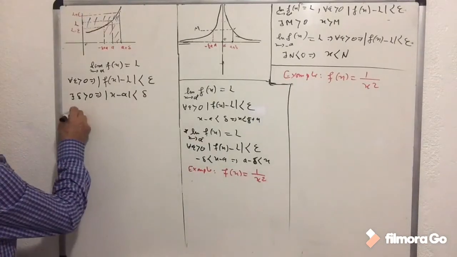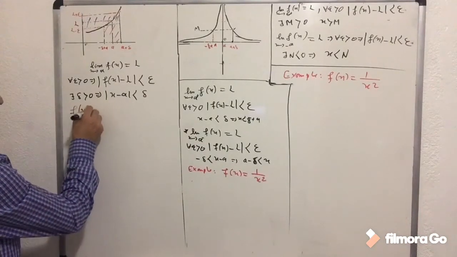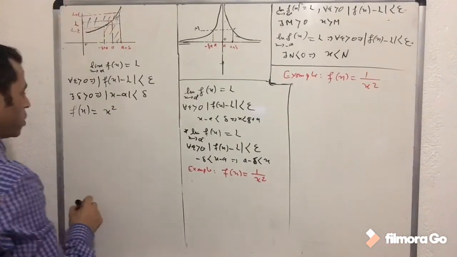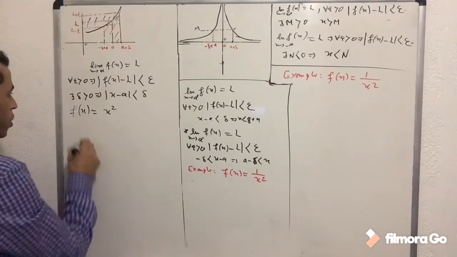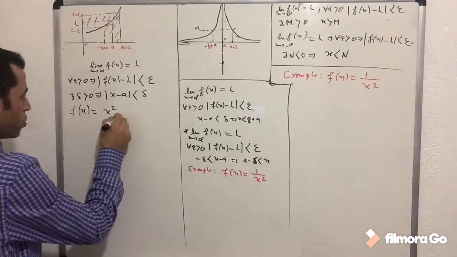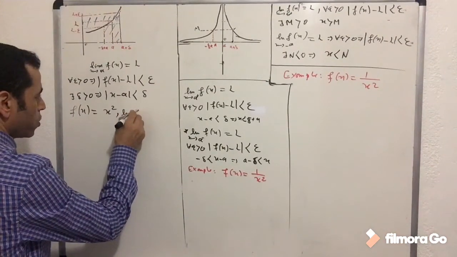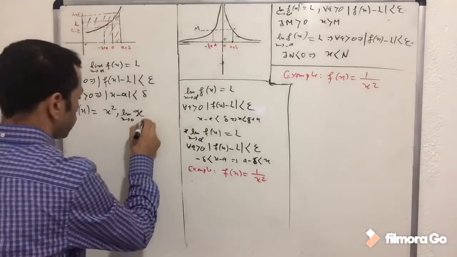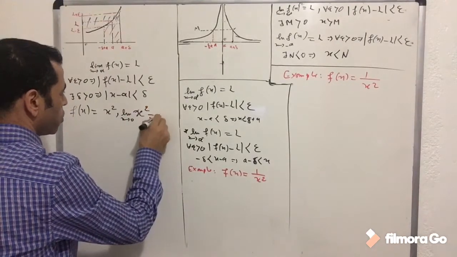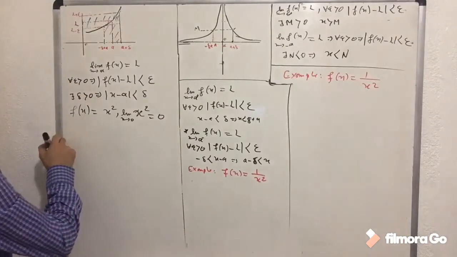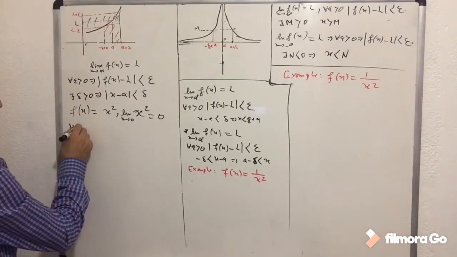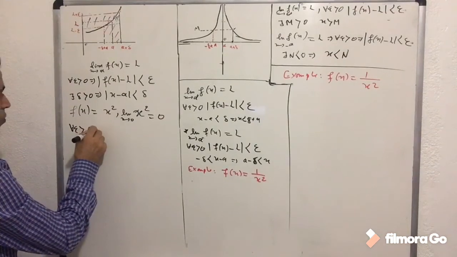Let's pick up f of x equal x squared as an example and calculate the limit at the point 0. Okay, so the limit at the point 0: when x approaches 0, x squared equals 0. So let's use the definition of the limit, for all epsilon greater than 0.